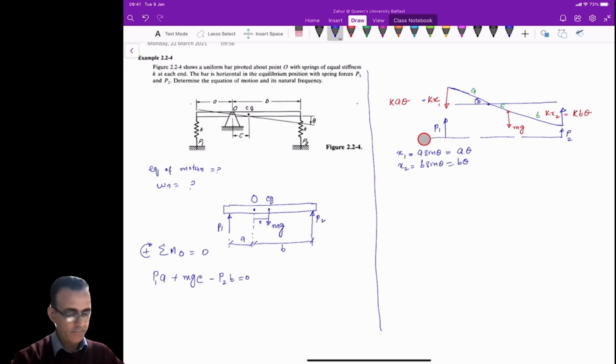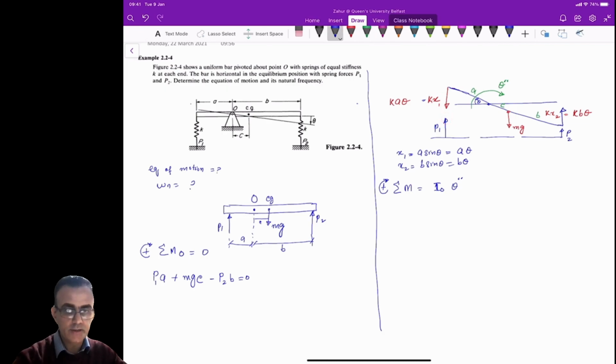Okay, so if we again use the same equation here, summation of all the moments now equal to I naught theta double dot. In this case, you will have to take this one as positive, because this is our angular direction. So we will take theta double dot in this direction here. So if we take this as our positive, P1 is positive, and this k a theta will produce a negative moment here.